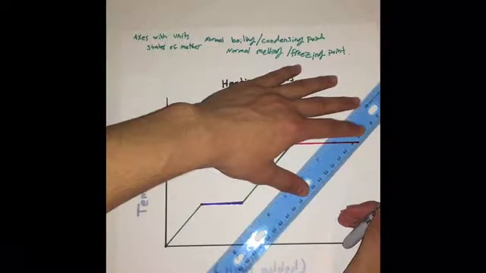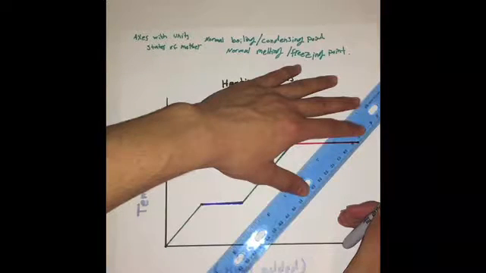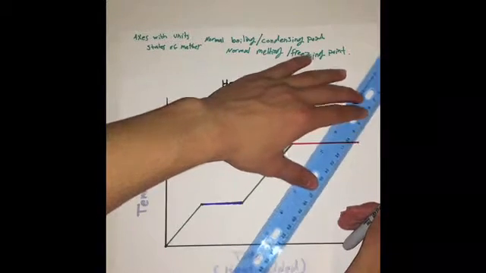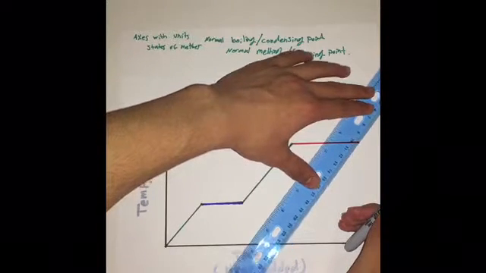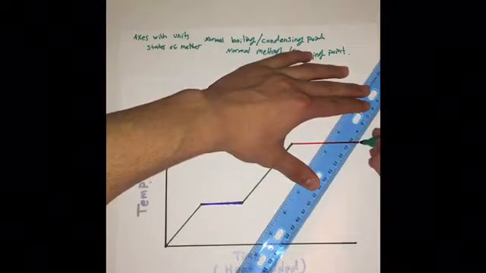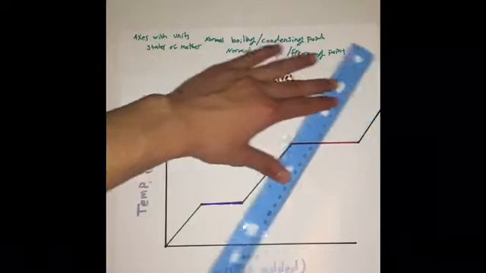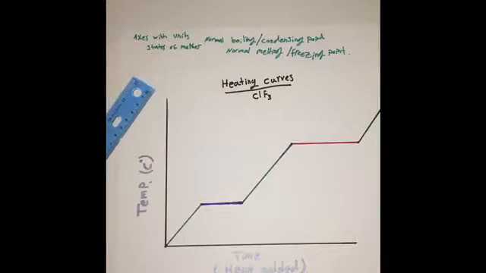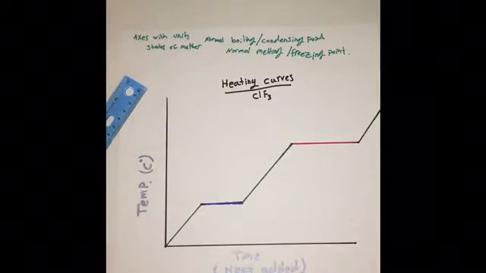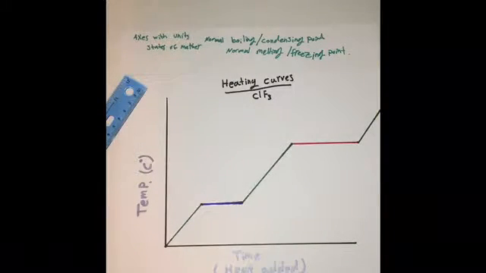So this is where the phase change of vaporization happens, and also where the IMF forces are broken. That's it, they're done. Now the final section in the graph is here. So it's the gas. This is where the IMF forces are broken and the molecules are just flying all over the place. There's nothing to hold them.